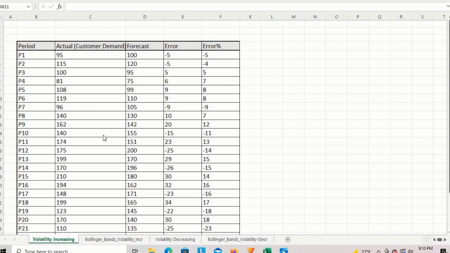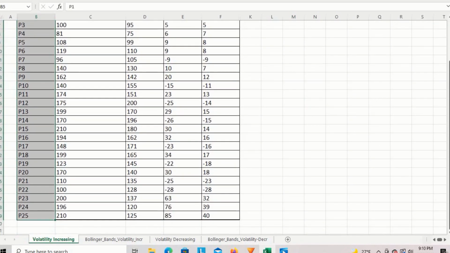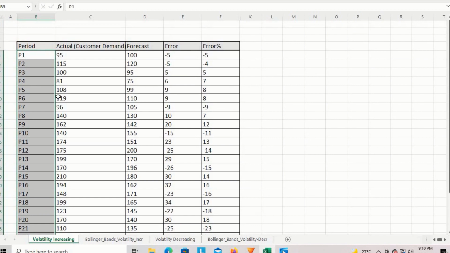On your screen, you are seeing this table. This contains the forecast and the actual for the last 25 periods. This period could be week or month, depending on which time bucket you use in the forecast model. We're going to calculate the forecast error on all these 25 periods.